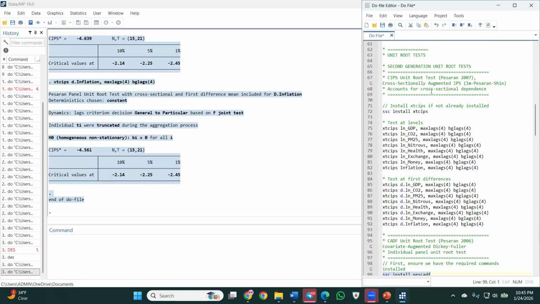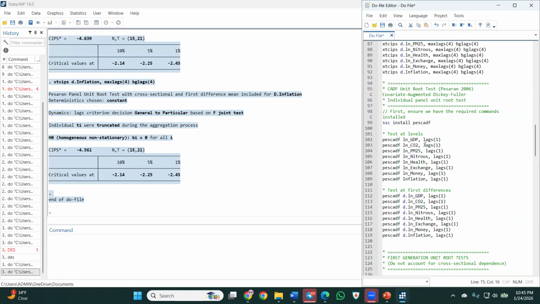The CIPS uses the max lag and then the background lag, so we have two selections, the maximum lags and the background lags. But the CADF has only lags, it's not specific like max or background. But mostly it is the maximum lag. So I'm using a lag of 1.